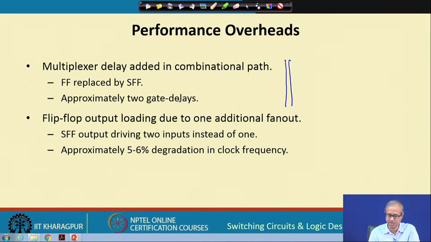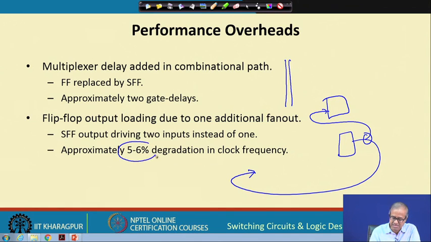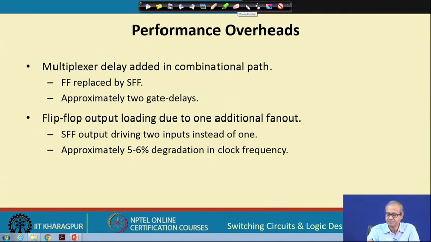So, approximately 2 gate delays, and for the flip flop the fan out is increased, because earlier the flip flop output was only feeding the input of the combinational circuit, but now it is going to the input of the next flip flop also. Increase in fan out means extra delay. So, roughly speaking, this leads to 5 to 6% degradation in the clock frequency. These are a few things you should keep in mind.